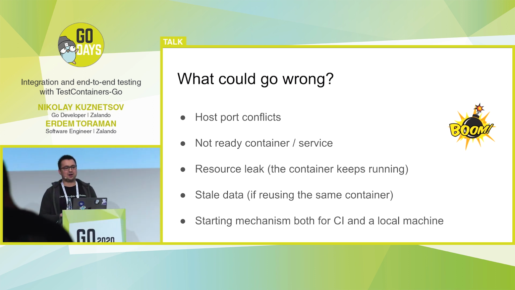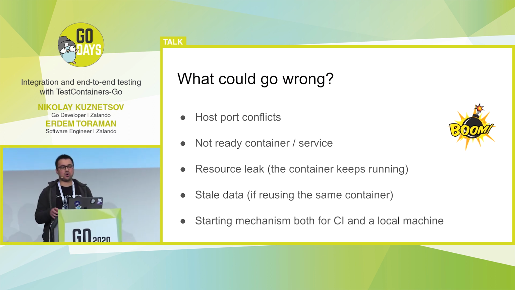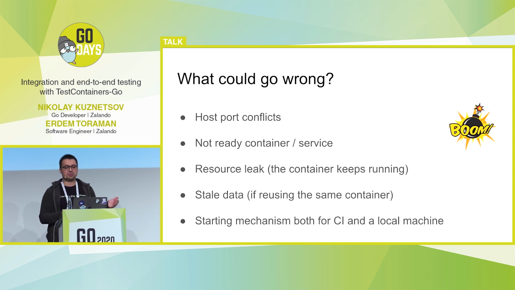First of all, we can end up with a host port conflict, because we map a port inside the Docker container to a fixed host port. If there is some other Postgres running on the same port, maybe from a different service or some deployed version of the service, then you get a host port conflict and your test cannot proceed.